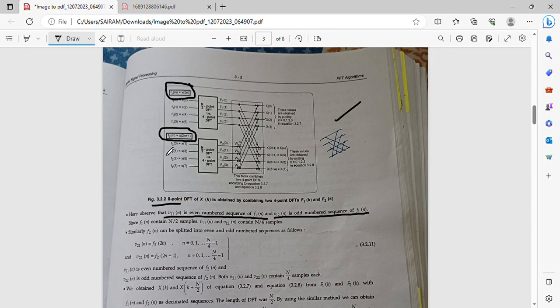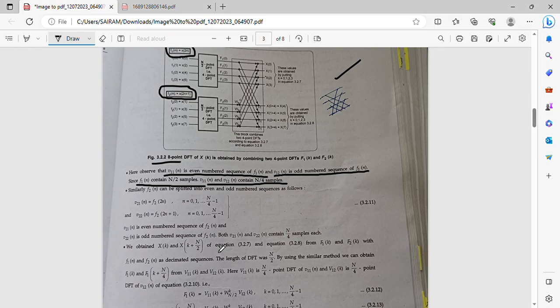So since f1 of n contains n by 2 samples, v11 of n and v12 of n contain n by 4 samples, which in the sense are 2-point DFTs.